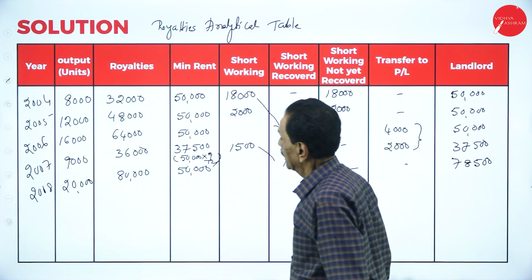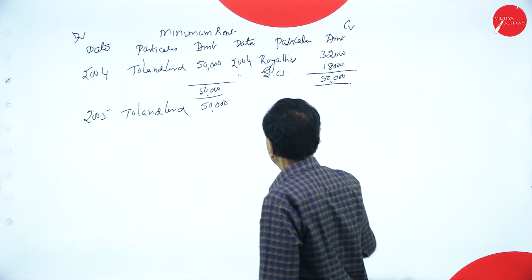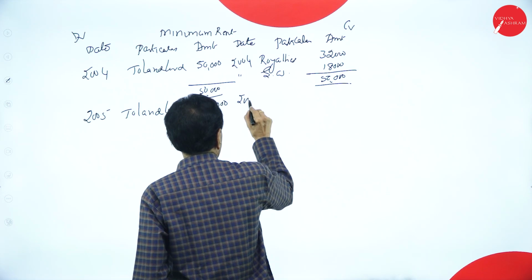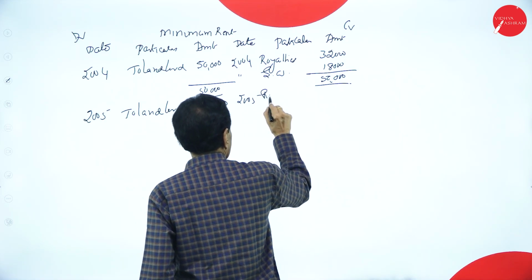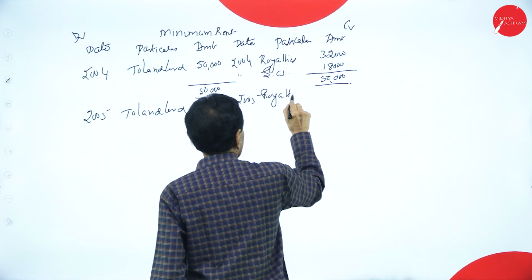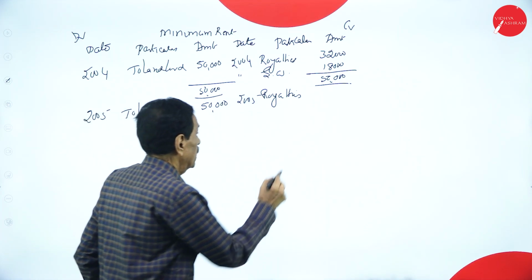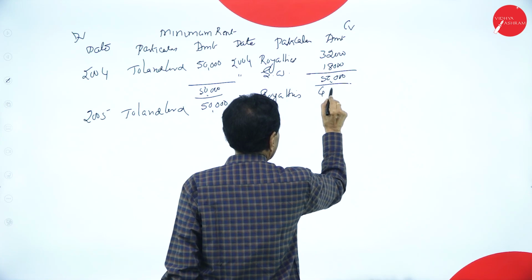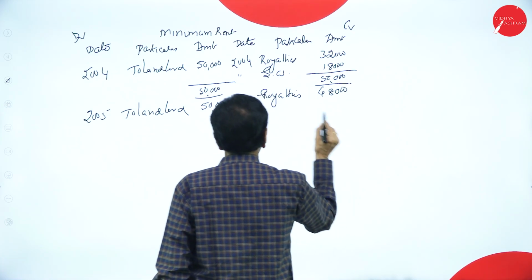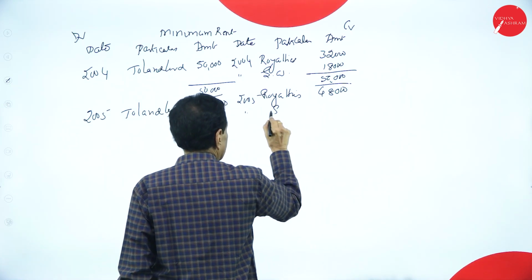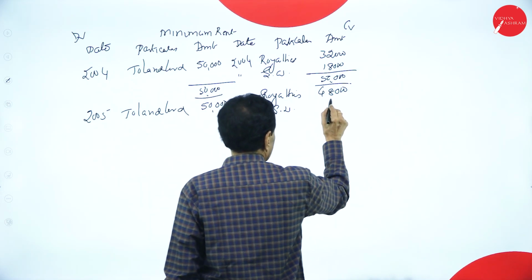How much royalties earned? 48,000. 2005, by royalties. We are paying 50,000. How much is the royalties? 48,000. Same date, by short working 2,000.